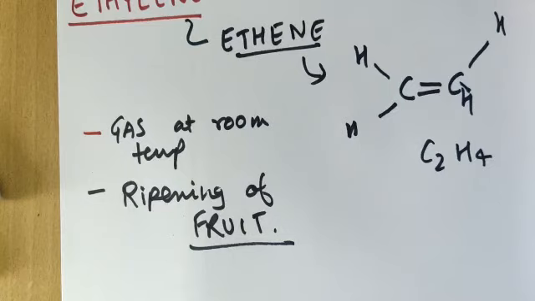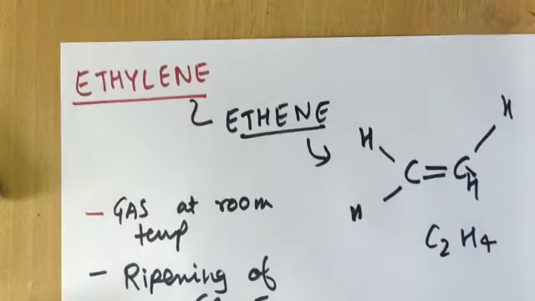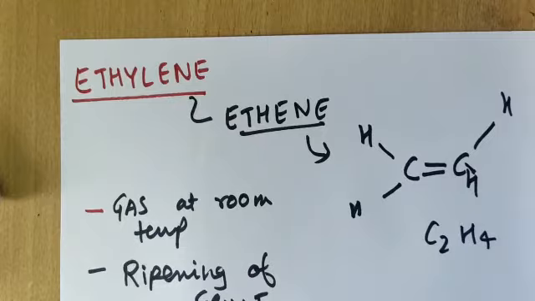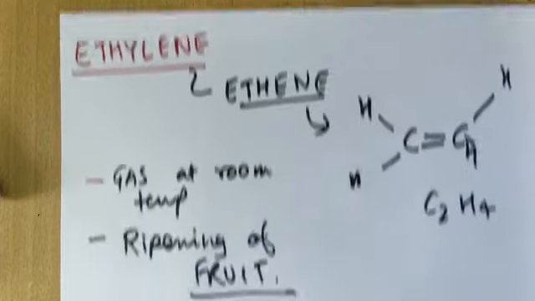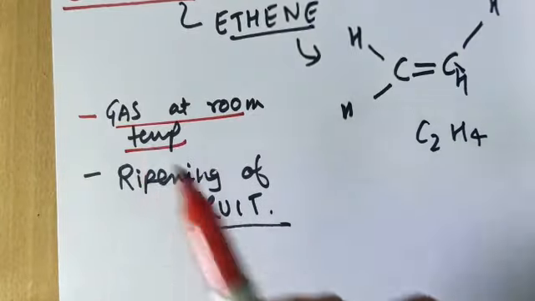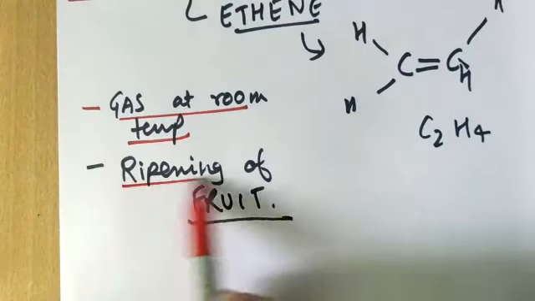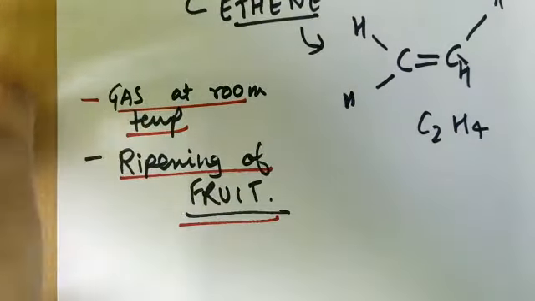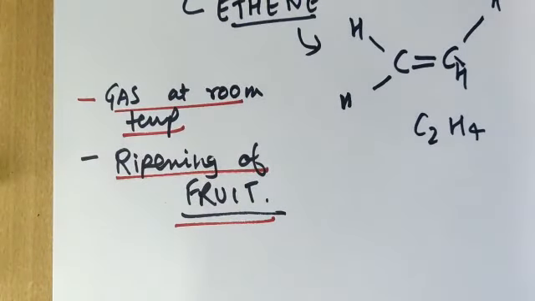So they help the other raw fruits to ripen fast. So it's one of my favorite hormones, and don't get confused by the name ethylene. It's just ethene. The main point is that it is a gas at room temperature, and the main function is ripening of fruit. So that's all in today's video.